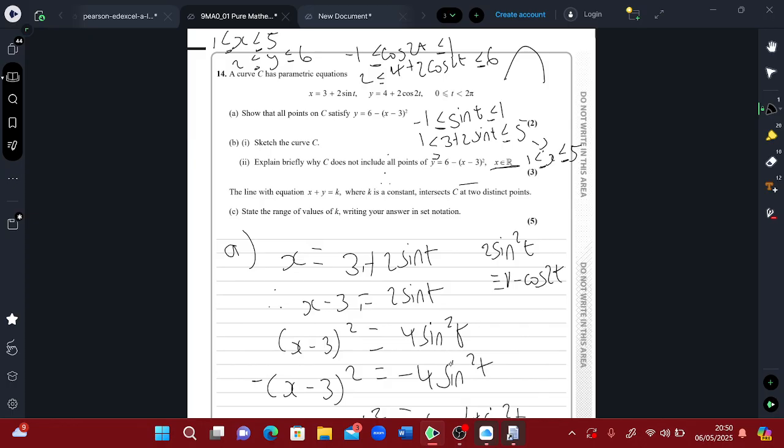However, the discriminant works on the quadratic for all real values of x. But what we've already discussed is that x on C is only between a certain amount of values. So the discriminant won't factor in the fact we're only looking at a certain interval of x. So the discriminant test won't really work on this one, and we're going to have to think of a different way of finding k.